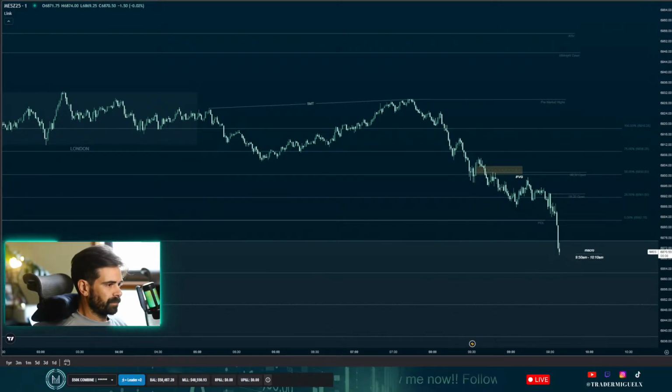Price is still moving towards lower numbers.